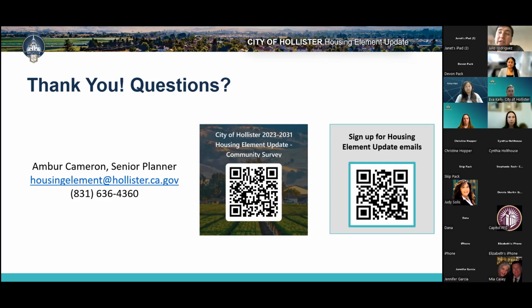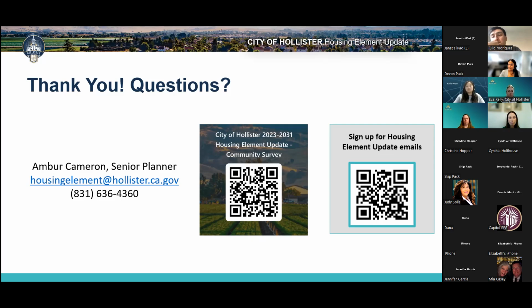So I think the housing element needs to talk about TODs, transit-oriented development. I think they really should focus a little bit on that as well. Thank you. All right, thank you, Julio.